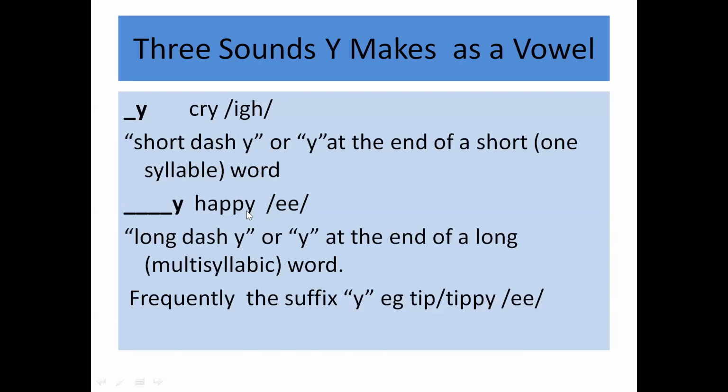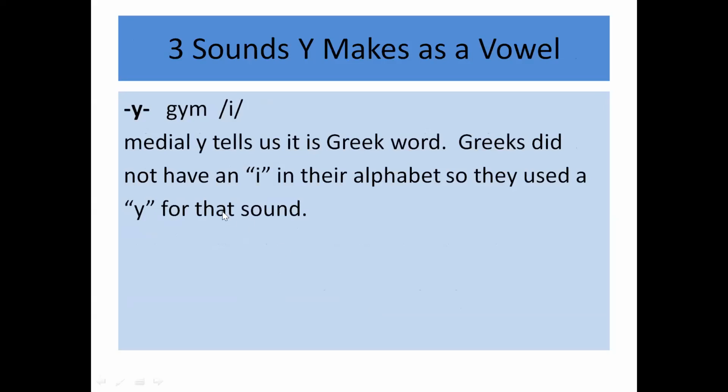This also picks up when Y is actually working as a suffix, like tip, E. And then finally, when Y is in the middle of a little short word, it makes the sound I. And that's because the Greeks didn't have an I and used Y for that sound.